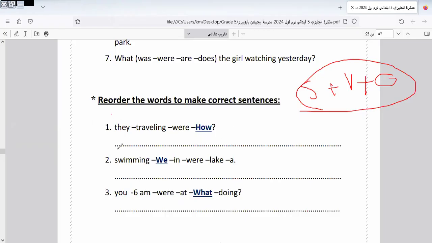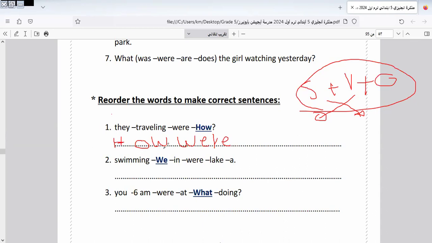They were traveling. How? So the answer will be how were they traveling? Here in this sentence, I put the verb instead of the subject. This is the statement: when we answer in the statement form, we say subject, verb, object. When we make a question form, I put the verb instead of the subject.